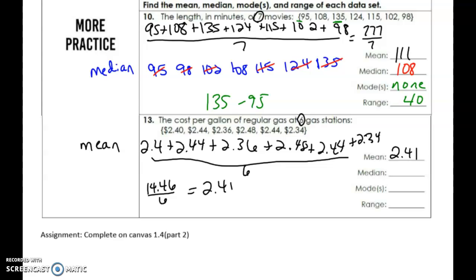All right, next we've got the median. We're going to put our numbers in order from smallest to biggest.